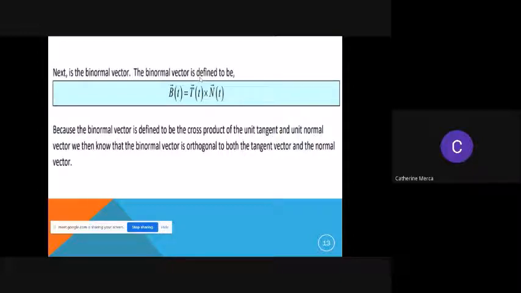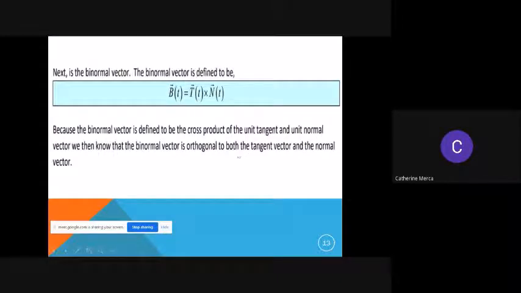Diba? Ang tangent is r prime of t all over the magnitude of r of t. Tapos, ang normal ninyo is ang derivative naman ng t of t divided by the magnitude of t prime of t.